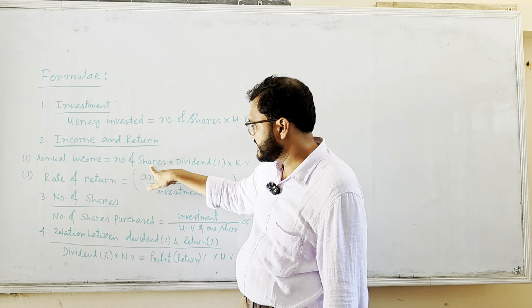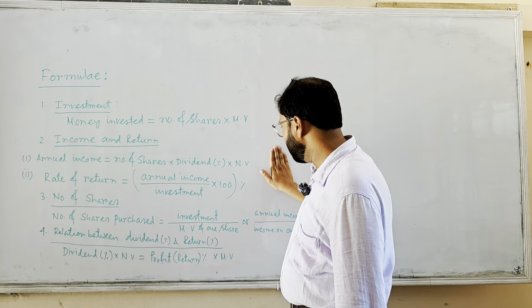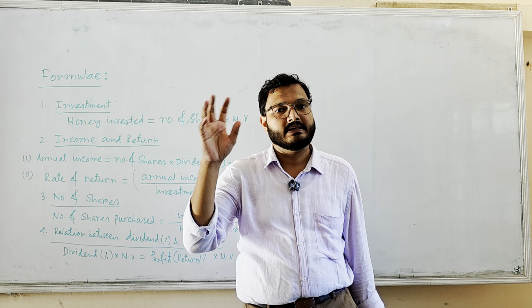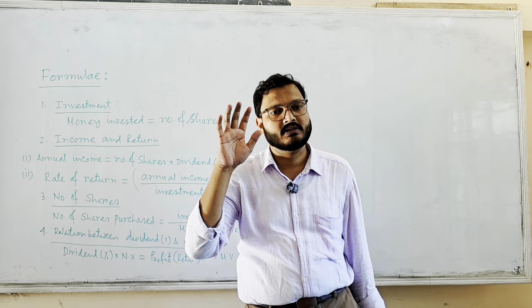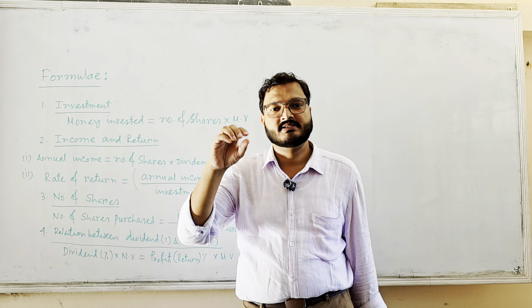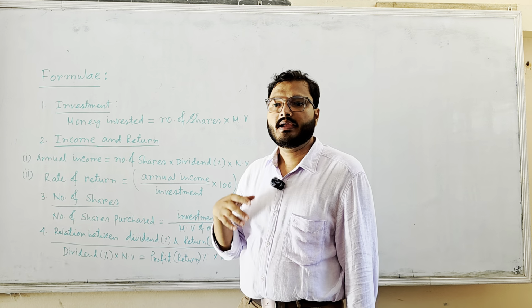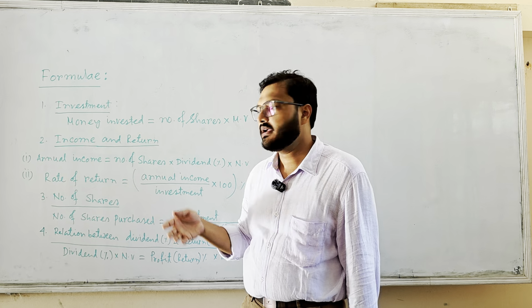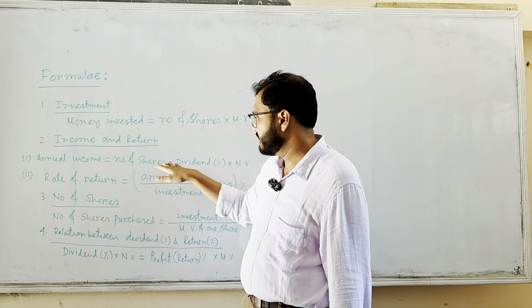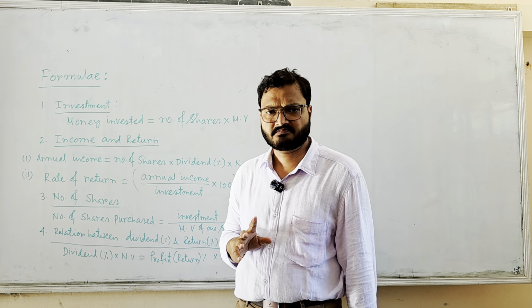So annual income is number of shares into dividend percentage into nominal value. Remember the formula that dividend equals dividend percentage into nominal value, and now multiply with how many shares you buy.